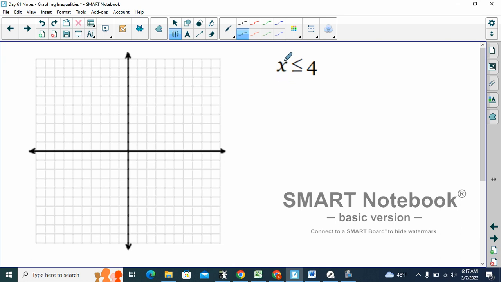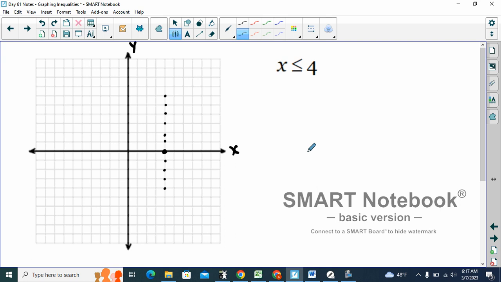This one tells us I want x to always be less than or equal to 4. So we go to when x is 4. Everywhere that x is 4, all these points have an x value of 4.